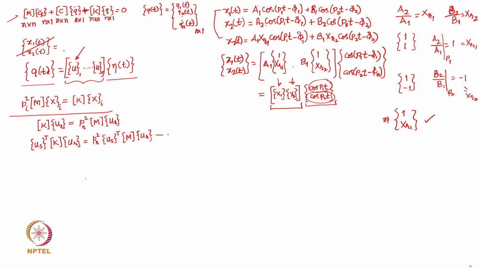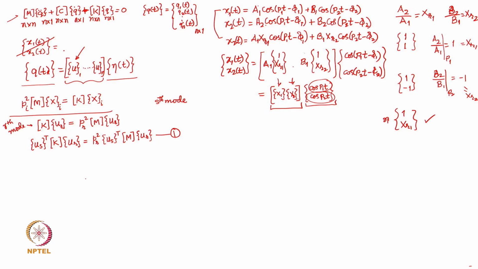Now, the way I have got this equation, I can also get the equation when I consider the sth mode. When I consider the rth mode, I get this particular equation.